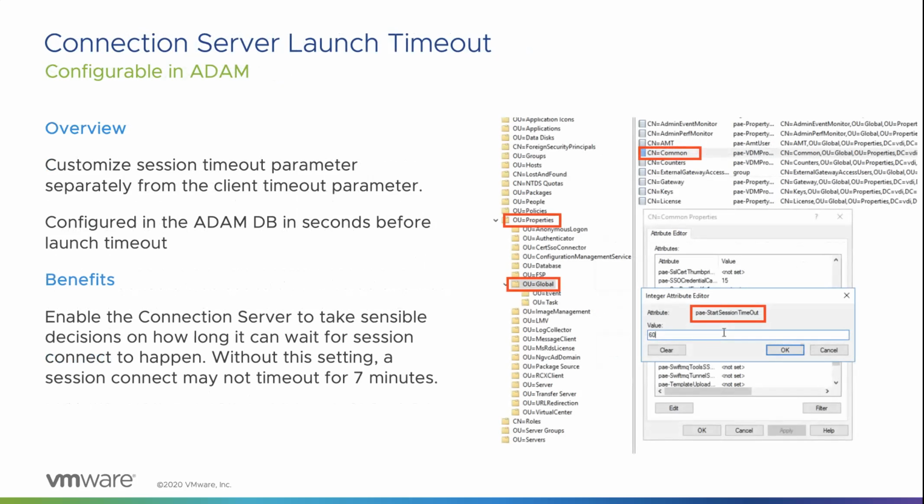So it could be a situation where they're trying to bounce between global entitlements, and they may wait quite a long time between trying to connect to the next server in that global entitlement. Now you can basically pump that down to maybe 60 seconds, so that if the connection server doesn't respond in 60 seconds, then you can basically disconnect and then try the next one.